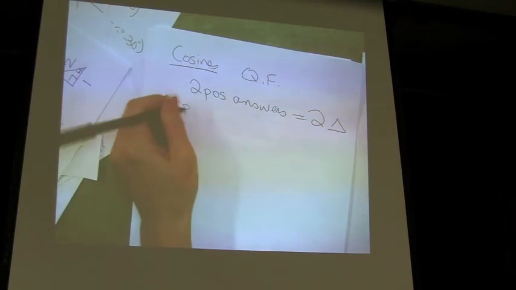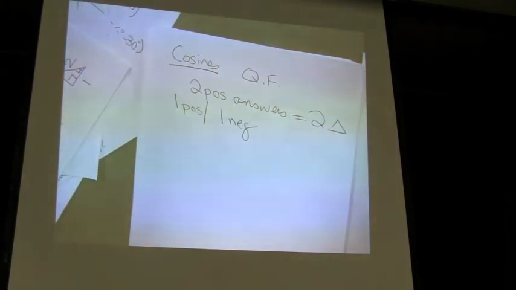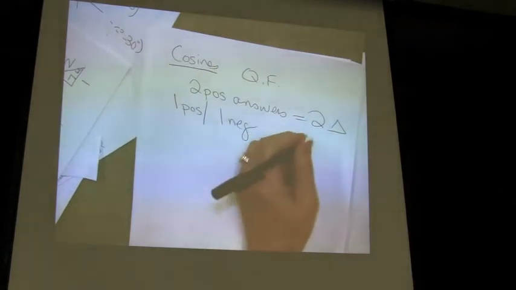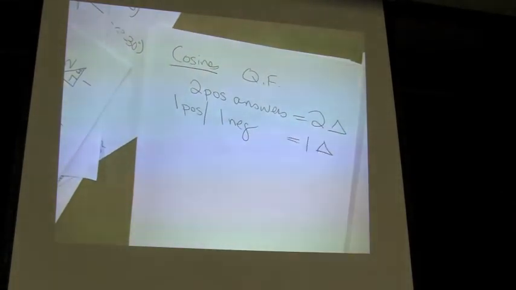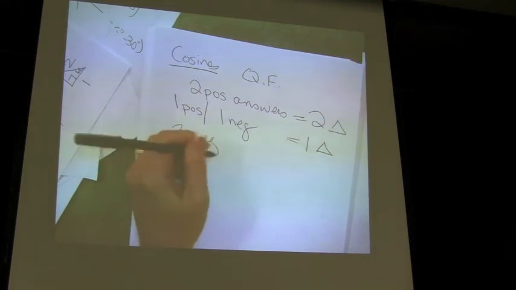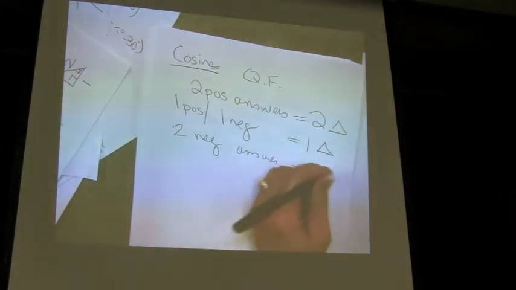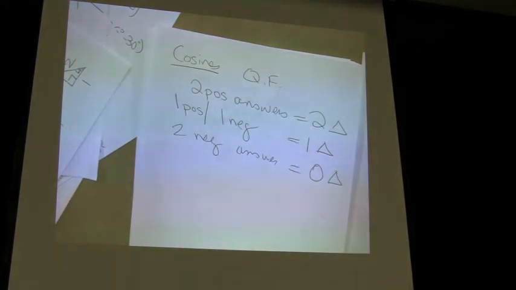If one of your answers is positive but the other is negative, then you end up with one triangle. And on the rare chance you ended up with two negative answers, it would mean there were no triangles.